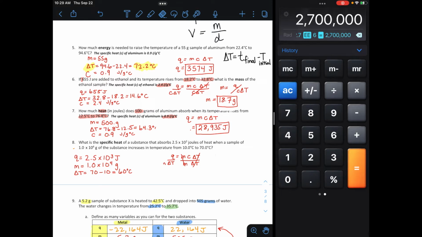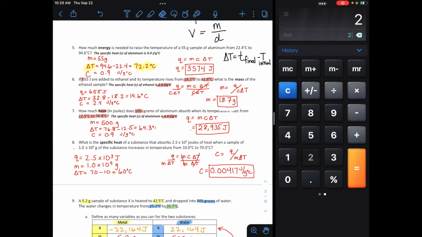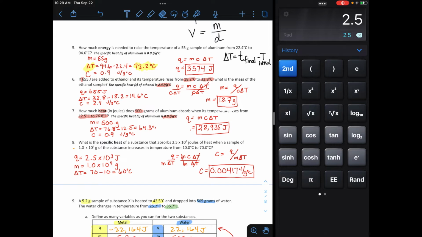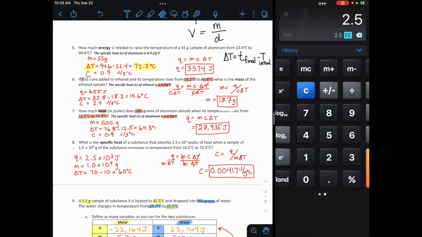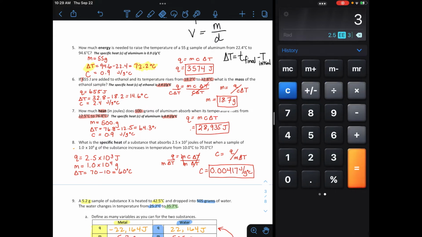Now you can feel free to use these again if you've already gotten C by itself before. You don't have to show your work every single time. And then I put it in my calculator and I get this. So I'd like to put it in my calculator for you so you can see where I got that. I can either use this button, E to the third, or I can just go ahead and convert it in my head right now. 2, 5, 0, 0.